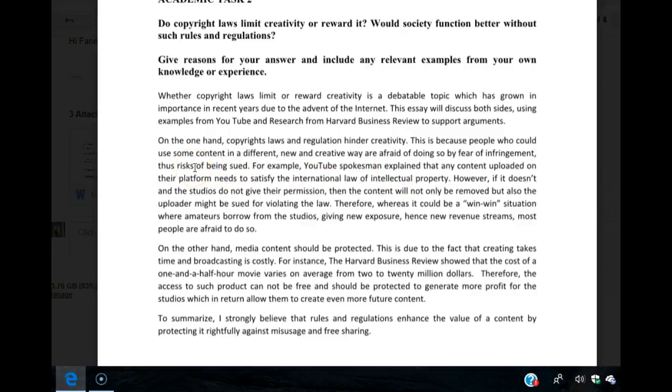For example, a YouTube spokesman explained that any content uploaded on their platform needs to satisfy the international law of intellectual property. However, if it doesn't, and the studios do not give their permission, then the content will not only be removed, but also the uploader might be sued for violating the law. Therefore, whereas it could be a win-win situation where amateurs borrow from the studios, giving new exposure, hence new revenue streams, most people are afraid to do so.